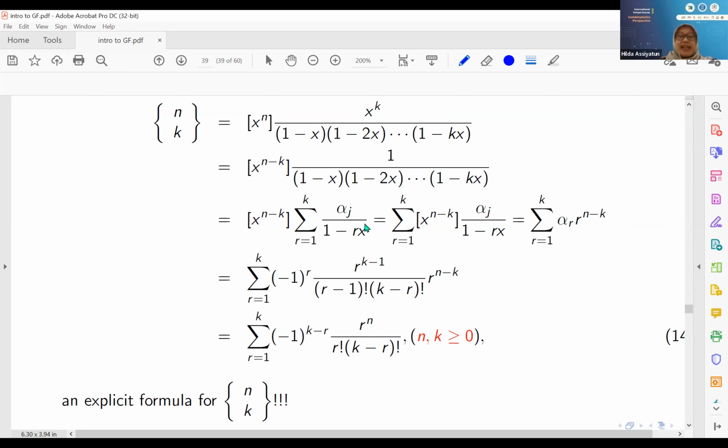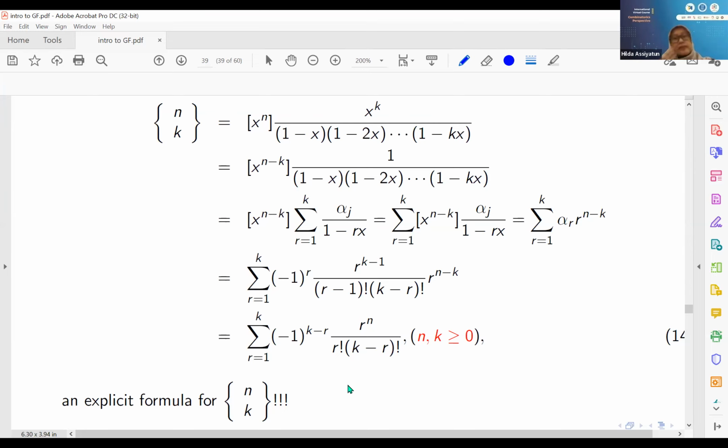Anyway, by tidying up, we must be very careful here. We can have the explicit formula for our Stirling number, not the nice, simple one, but we get it. We get the explicit formula for Stirling, for the number of partitions of a set of n objects into k classes.